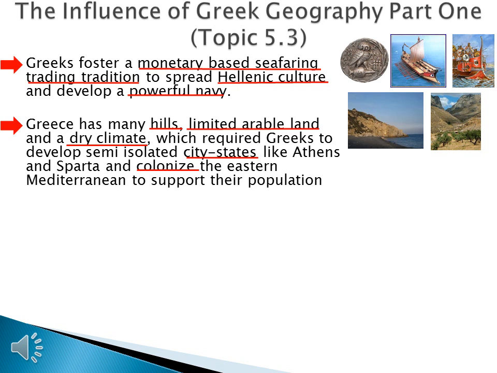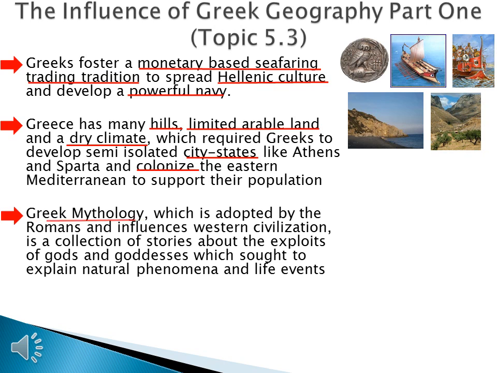The geography also affects Greek mythology, which is adopted by the Romans and influences Western civilization. Greek mythology is a collection of stories about the exploits of gods and goddesses, which sought to explain natural phenomena and life events. Who are these gods and goddesses?